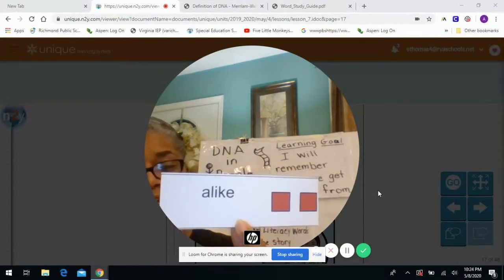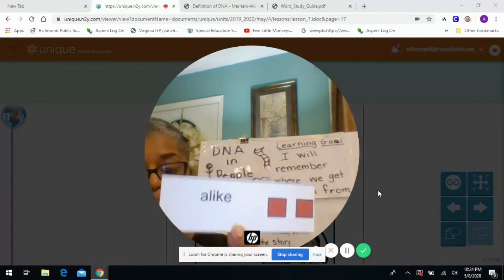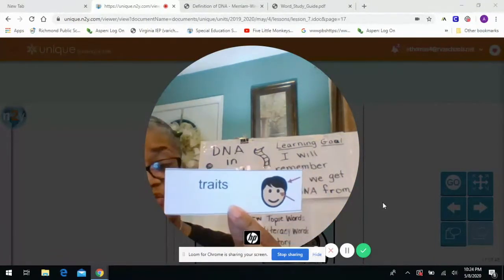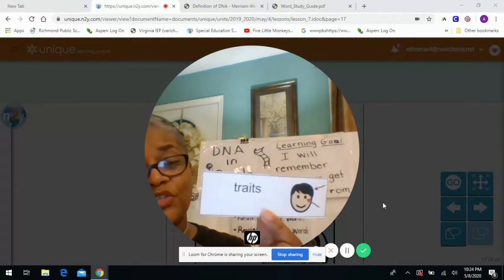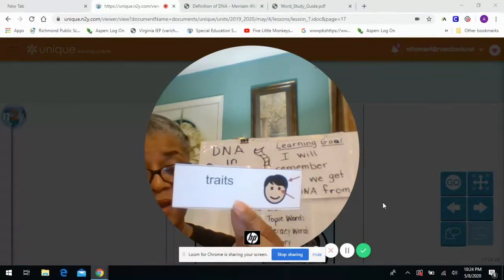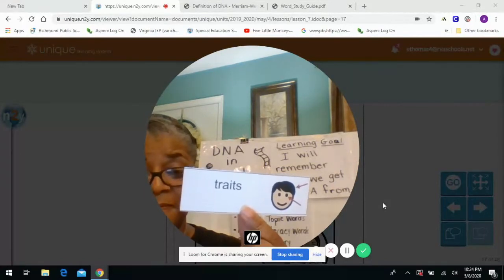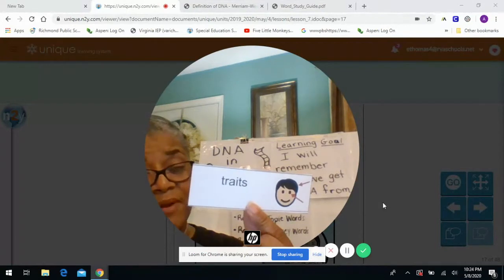Same, alike. And we have traits. That's what makes a person different from another person. It's called a trait. Some may have brown eyes, someone may have blue eyes. Someone may have black hair, someone may have sandy brown hair.